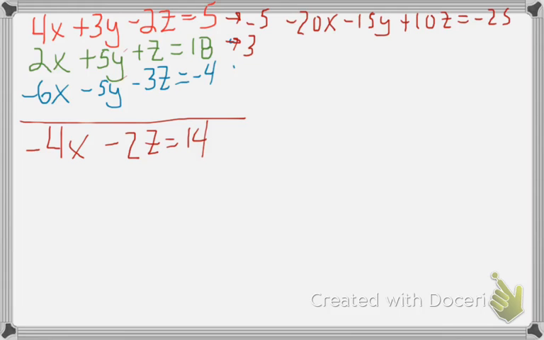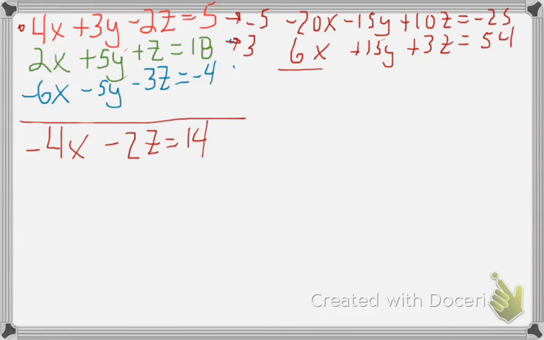Again, this first equation, we multiplied the whole thing by negative 5. The second equation is multiplied by 3. That'll give us 6x, plus 15y, plus 3z, and that's going to equal 54.